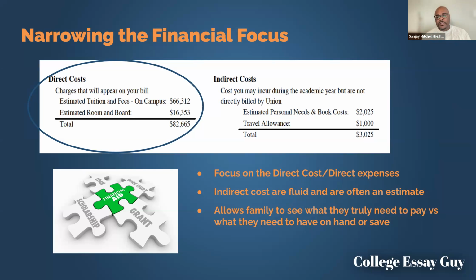And it allows families to see what they truly need to pay versus what they need to have on hand or save. A lot of times we'll find that our families can get the indirect costs covered through scholarships.